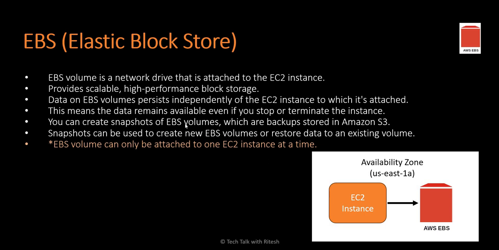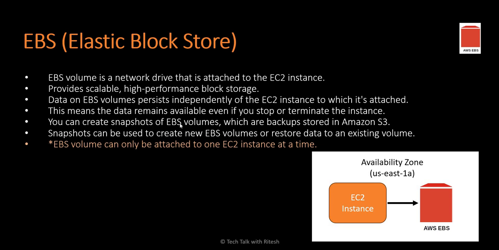You can create snapshots of EBS volumes. What a snapshot is we'll discuss, but for right now, let's understand that snapshots are nothing but backups. On this EBS volume we are going to save some data, and we want a backup so that in case of any data recovery or some issue, we can restore that data.